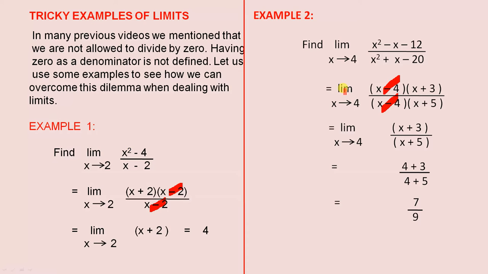So the limit as x approaches 4 of x plus 3 over x plus 5. So when we cancel those two out, that's what we have here. Now, as x approaches 4, we can substitute 4 into this expression. That gives us 4 plus 3 over 4 plus 5, which is 7 over 9.